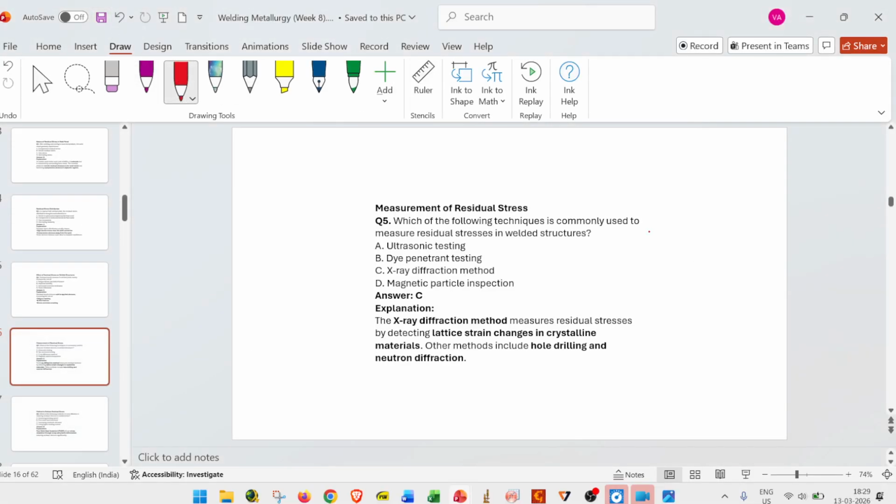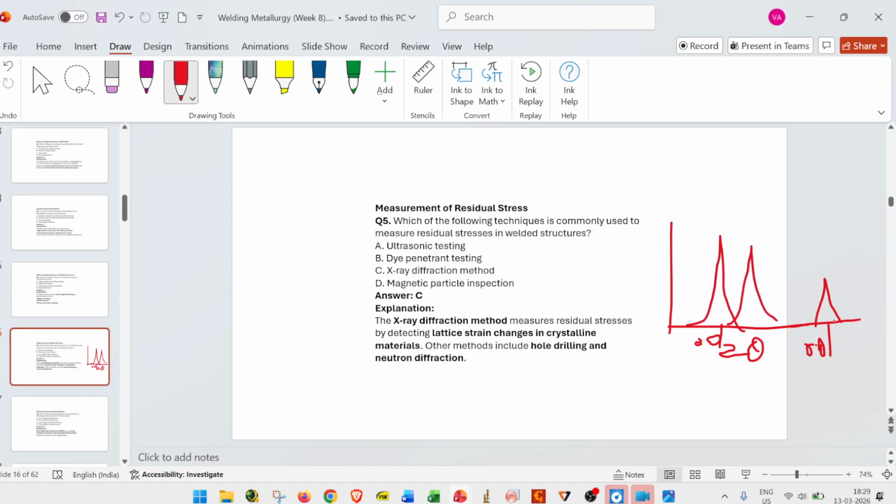Ideally, if a material has XRD peaks at 2 theta, suppose 20 degrees and another peak at 60 degrees without any stresses, then if there are residual stresses these peaks may be shifted to 22 or 63 or so.